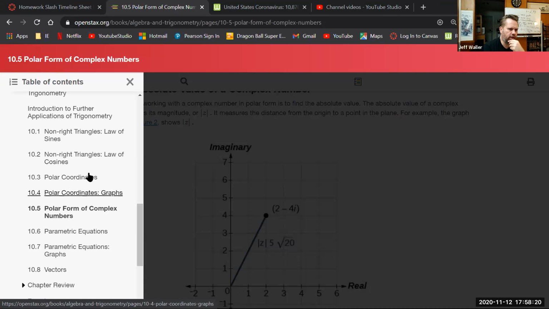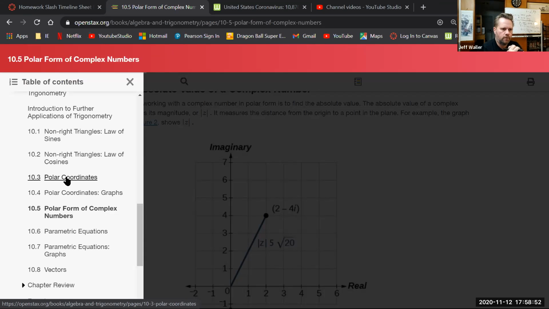Notice how I don't put the graphs on there. I kind of like that idea. You guys should be able to get through 10.3 by next Tuesday, or at least enough of it looked at so you can get ready for a quiz. And I'm not even going to make you do the graphing of these polar coordinates yet. It's just going to be converting between rectangular and polar, right?